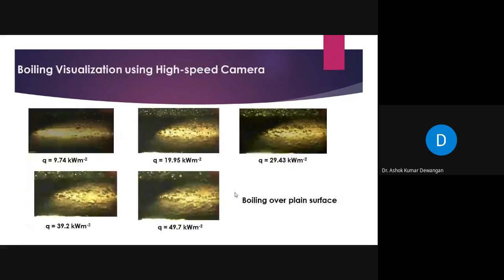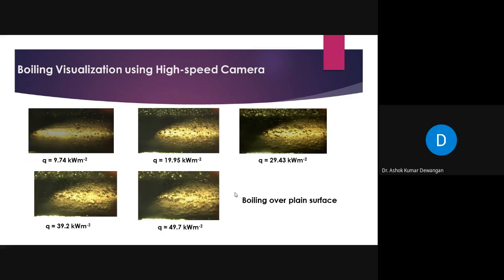Now we go to the photographs captured by the high speed camera to visualize the boiling behavior on this surface. This visualization was used to obtain the bubble characteristics for a given heat flux range. The captured high speed images of the bubble behavior were analyzed with image software.